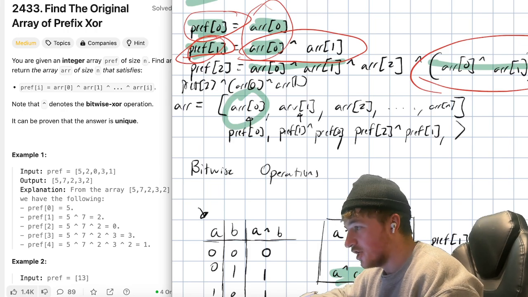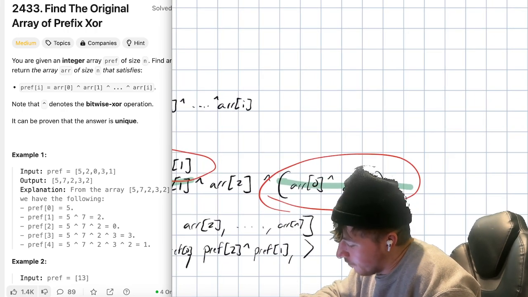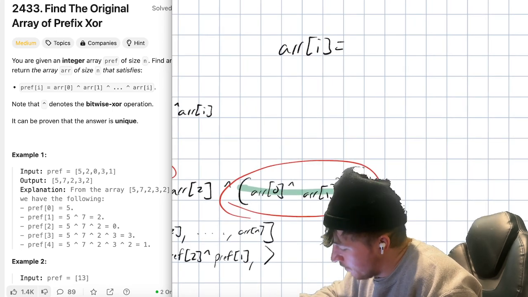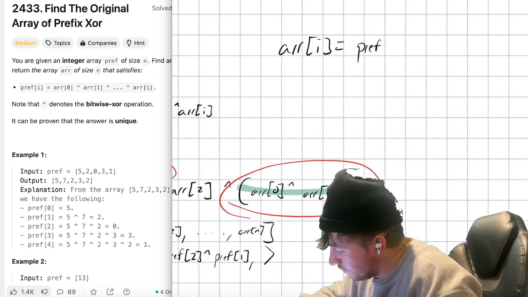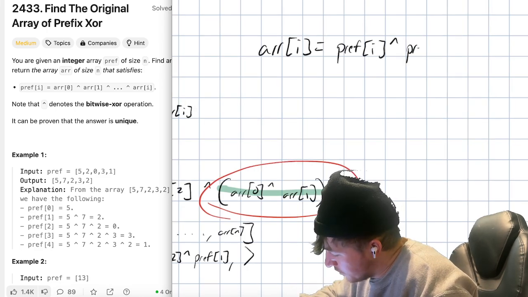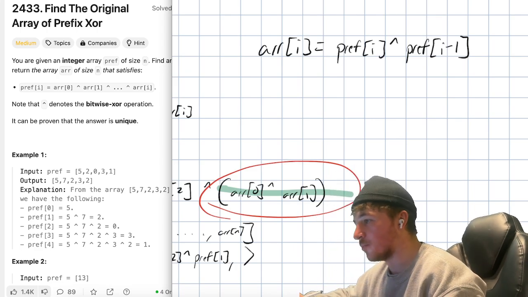Okay, so the general case here is for any array I, the answer is pref of I XOR pref of I minus 1. And just to quickly do a proof there, right?